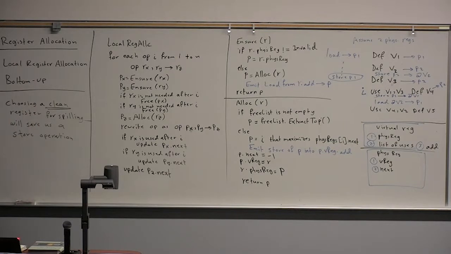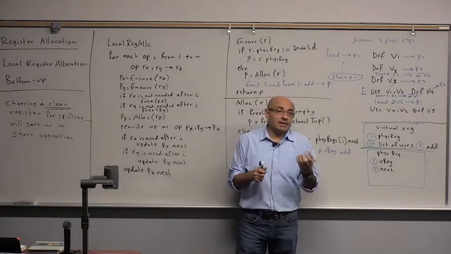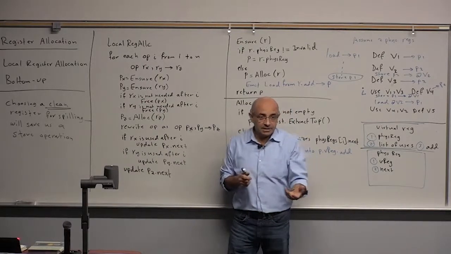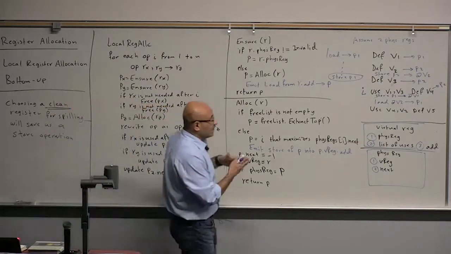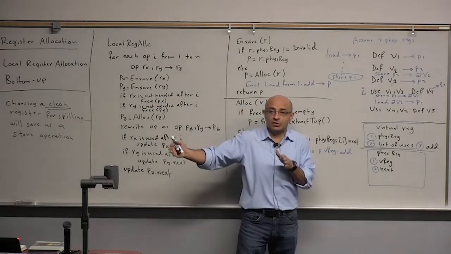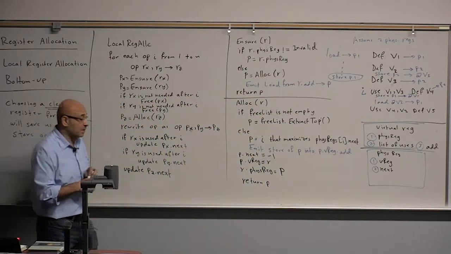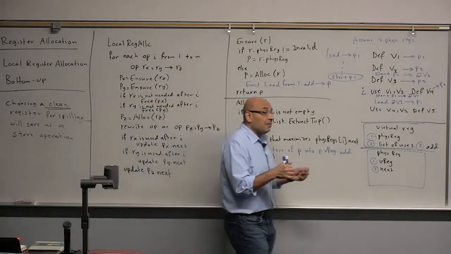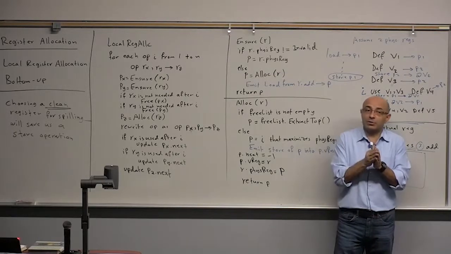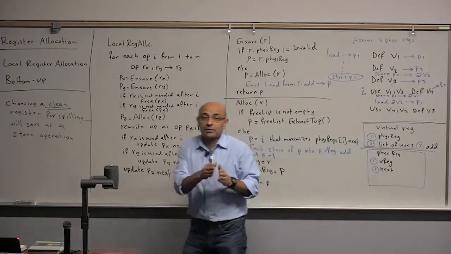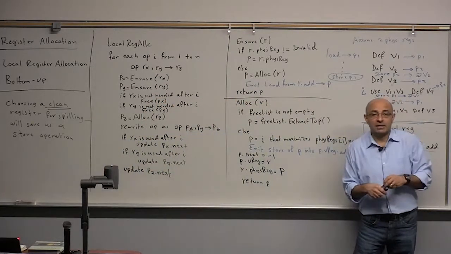But in general, it's not clear whether the right choice is to select a clean register for spilling so that you avoid the store, or you choose the register that has the farthest use in the future. Because if you keep the register that will be used sooner in the future, then you may get lots of good hits, and you will not have to do a lot of allocation and replacement.